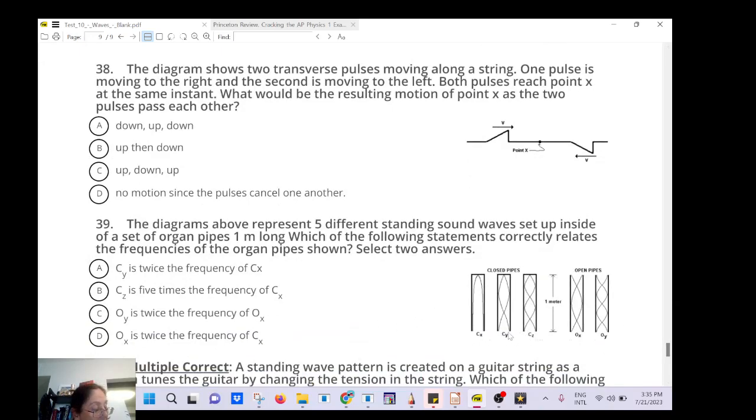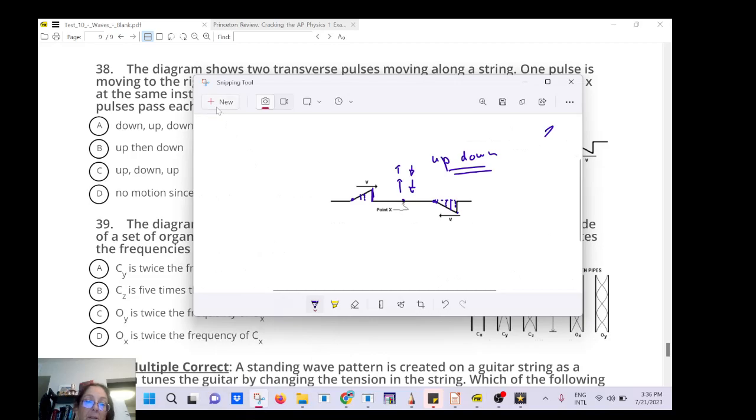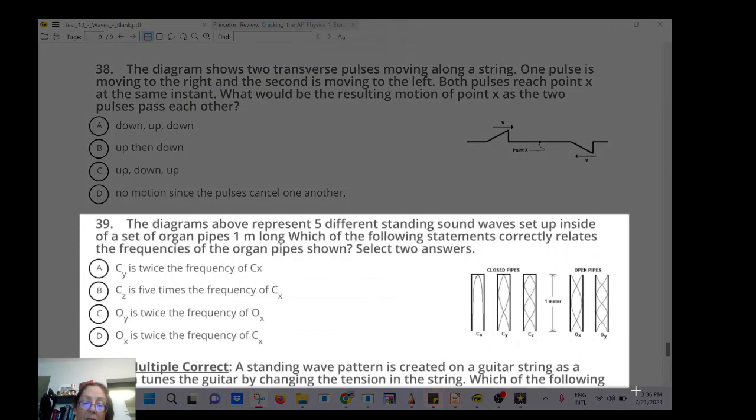So here, another non-intuitive question. So remember when you have a pipe here, we can look at the wavelength. If we talk about the frequency, remember, if the wavelength is multiplied by 2, the frequency is divided by 2 because wavelength and frequency are inversely proportional.